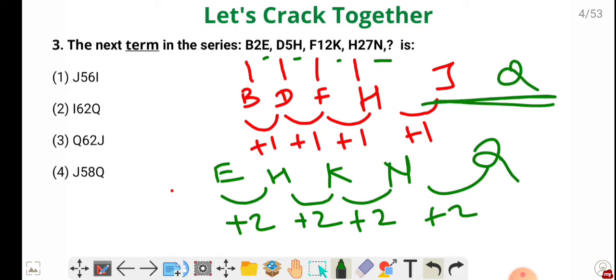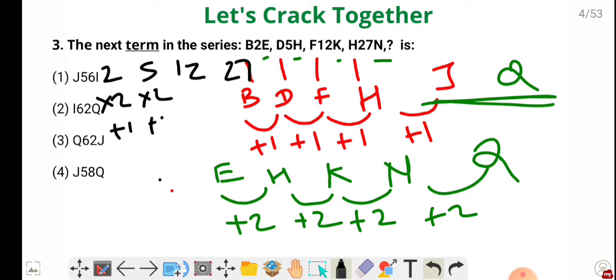Now for the numbers. What are the numbers here? 2, 5, 12, 27. Now here 2 into 2 plus 1 is 5. 5 into 2 plus 2 is 12. 12 into 2 plus 3 is equal to 27. Now 27 into 2 plus 4.